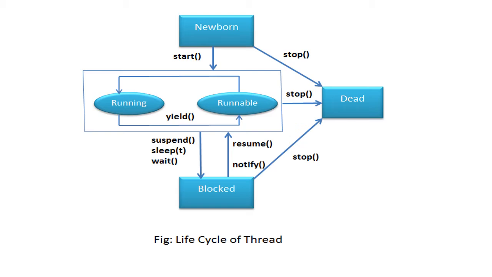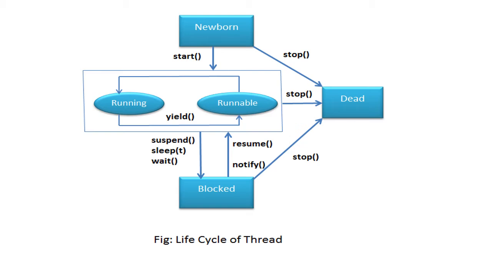So, when a running thread invokes suspend, sleep, or wait, it moves to a blocked state. And from the blocked state, it can move to a ready state by calling the methods notify and resume.